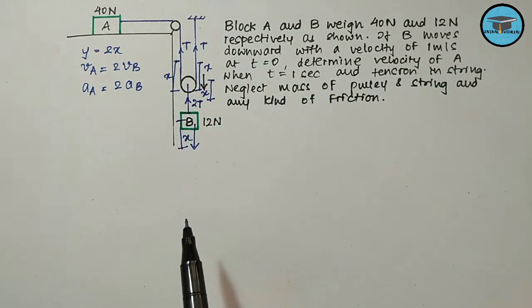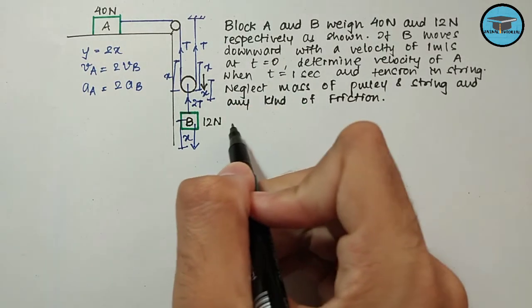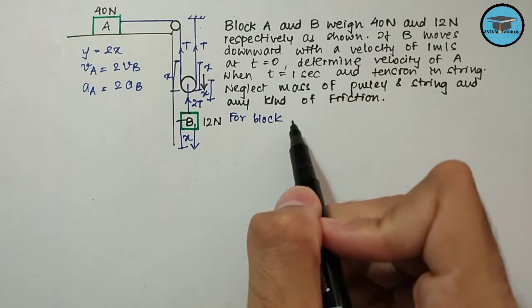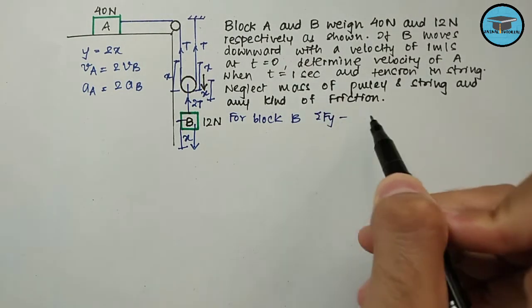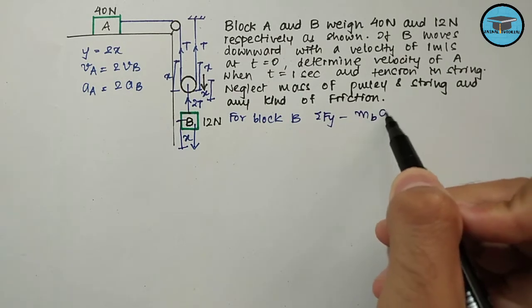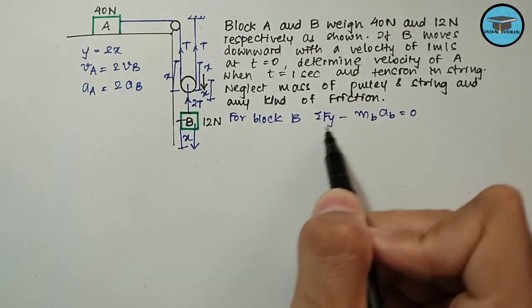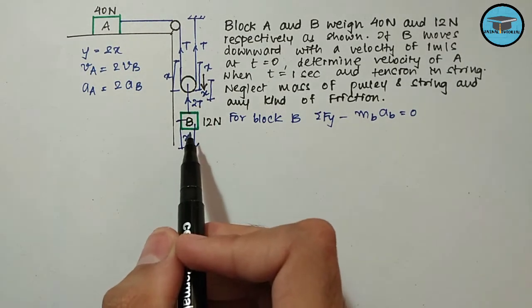Now applying D'Alembert's principle for block B, we get sigma Fy minus mass of B into acceleration of B equals 0. In the summation of forces in the y direction, we consider the forces in the direction of motion as positive.